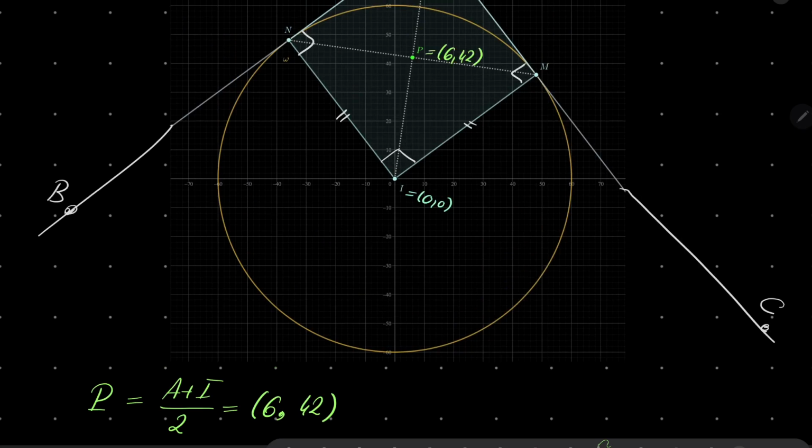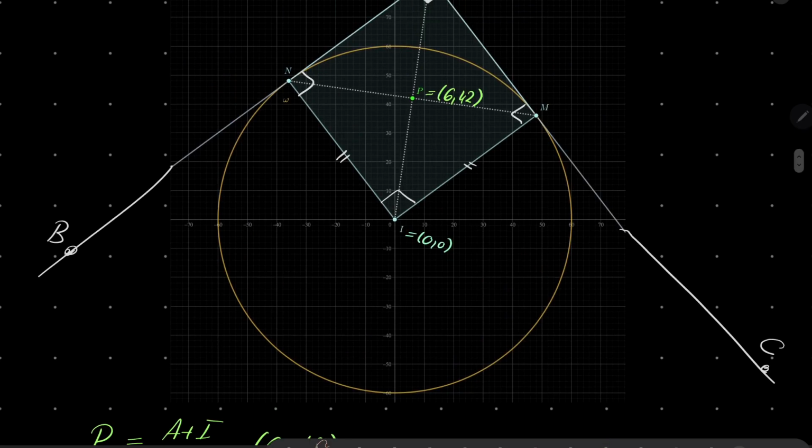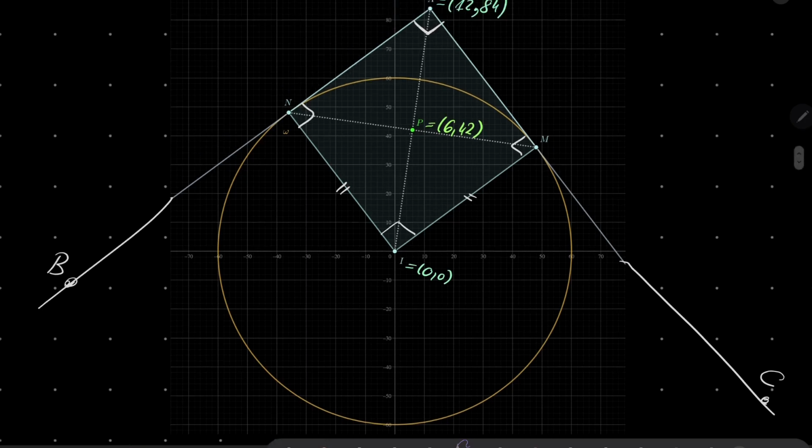All right. Well, how can we find M and N? What's the easiest way? Well, probably the easiest way is to consider vector IP, and notice that to reach points M and N, we should go along the perpendicular vector of the same length.